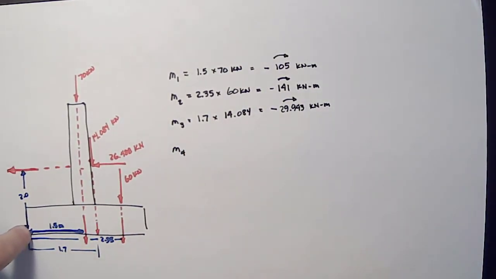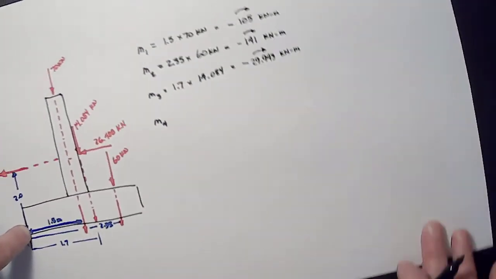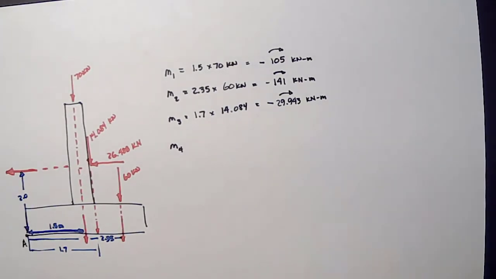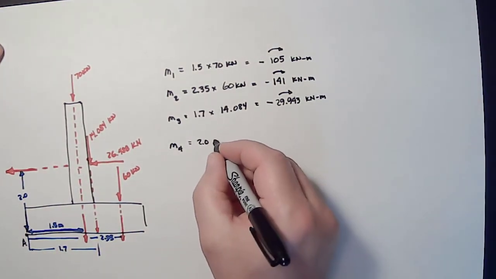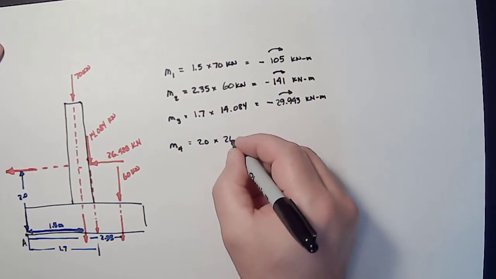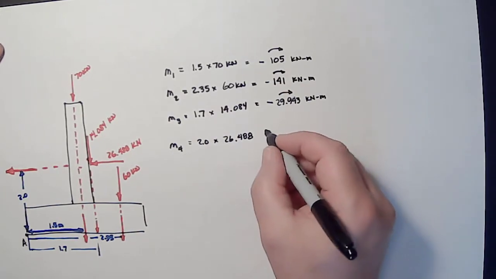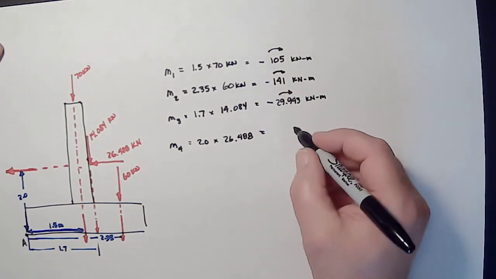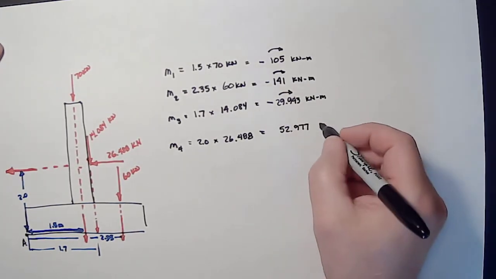Again, if I poke my finger down at the pivot point, the center of rotation, and push in the direction of the force, my paper is now rotating counterclockwise. So it's 2.0 times 26.488, and that equals 52.977 kilonewton meters.